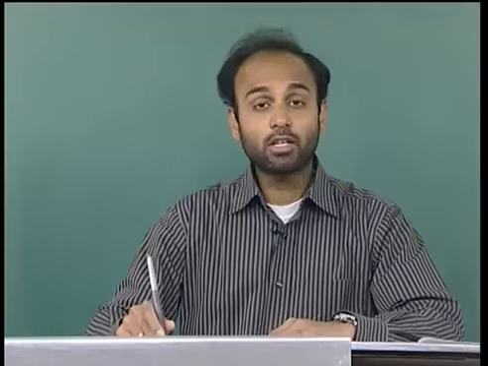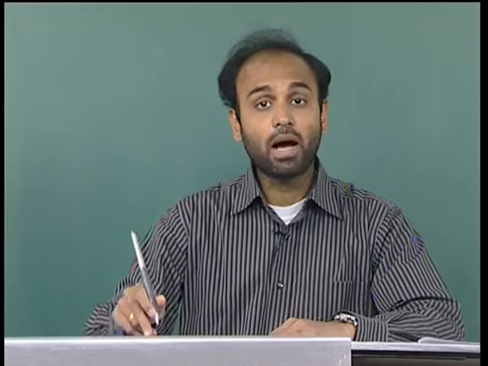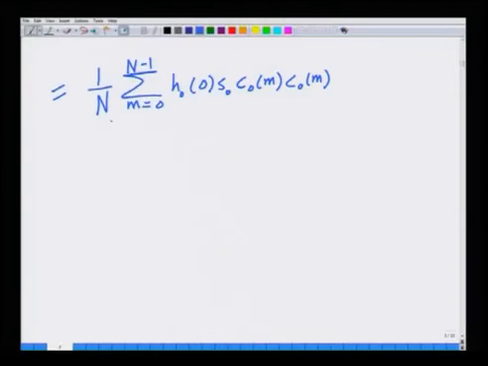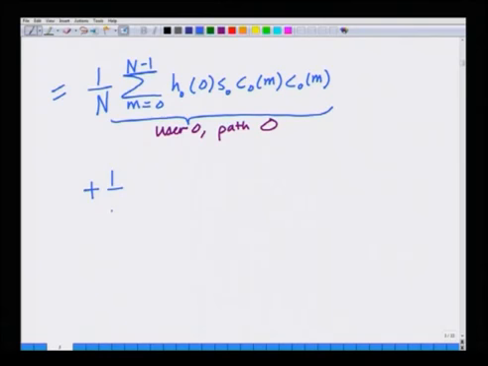This is the component corresponding to user 0 path 0, that is the path with lag 0, plus the next L minus 1 components corresponding to user 0 and the other L minus 1 paths.